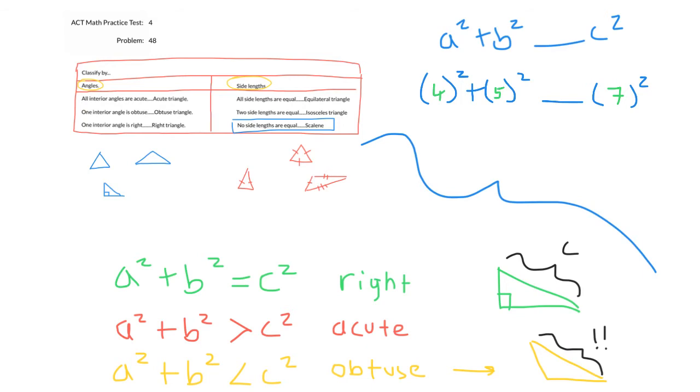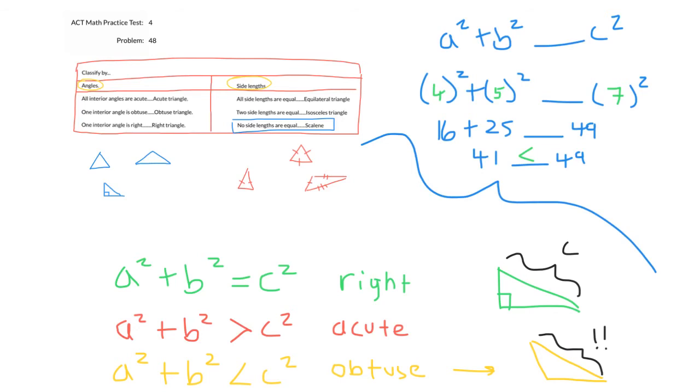We have 4 squared, well, that's 16, plus 5 squared, well, that's 25. And then we have 49 over here. 16 plus 25 is 41. Now, what we can see clearly is that 41 is less than 49, and therefore we're dealing with this situation, and therefore it is obtuse.